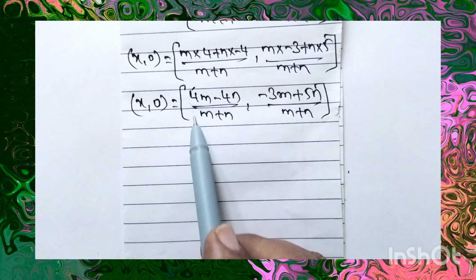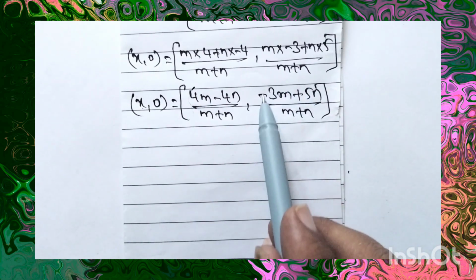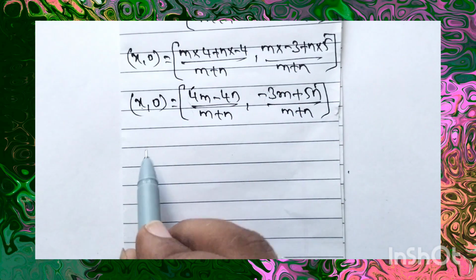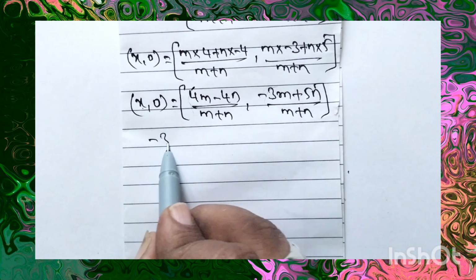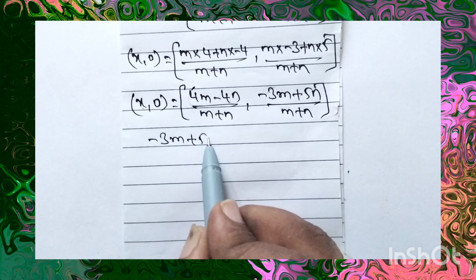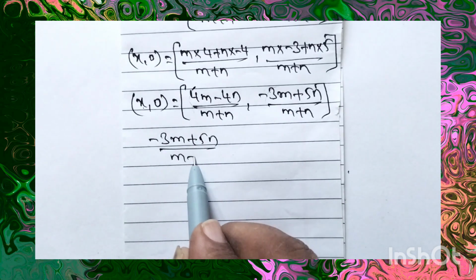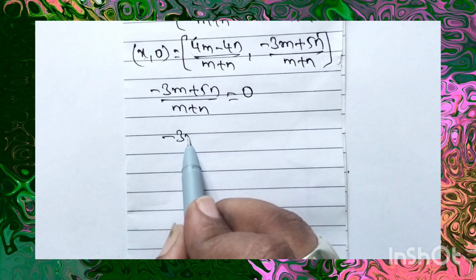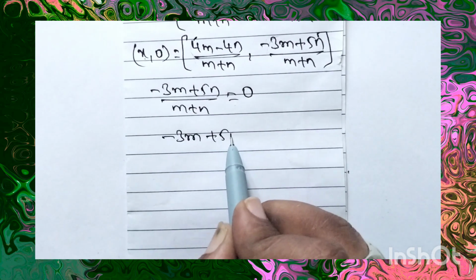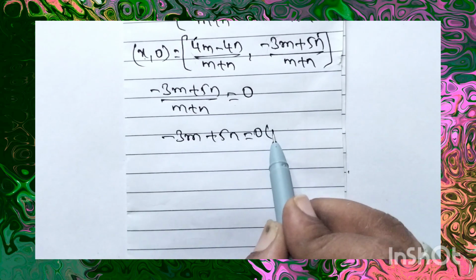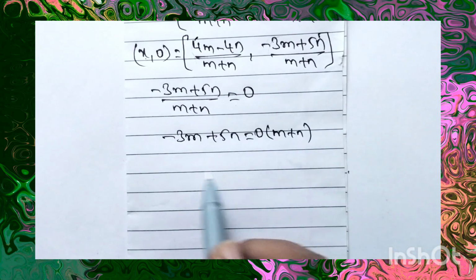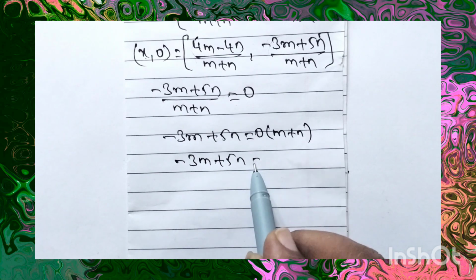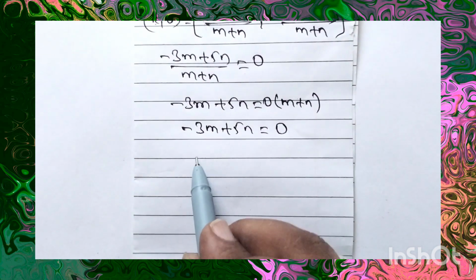ನೋಡಿ ಇದಿಷ್ಟು ಎಕ್ಸ್ಗೆ ಈಕ್ವೇಟ್ ಆಗಿದೆ, ಇದಿಷ್ಟು ವೈಗೆ ಝೀರೋಗೆ ಈಕ್ವೇಟ್ ಆಗಿದೆ, ಇದಿಷ್ಟು ಝೀರೋಗೆ ಈಕ್ವೇಟ್ ಆಗಿರೋದು ತಗೊಳ್ಳೋಣ. ಸೊ minus 3m plus 5n divided by m plus n is equal to 0. So now minus 3m plus 5n is equal to 0 into m plus n, which is 0.